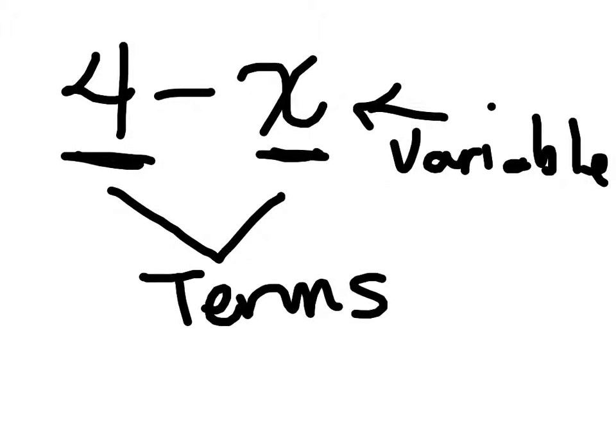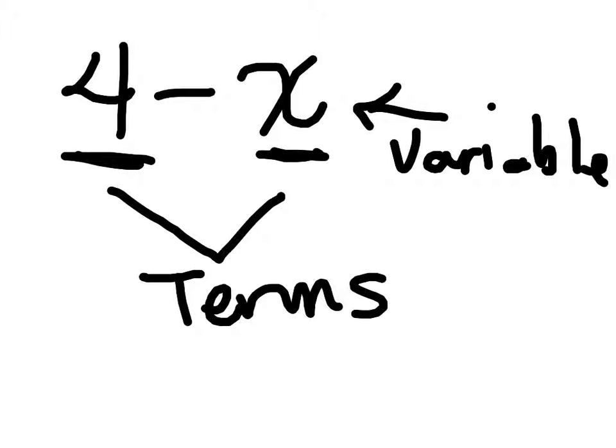They're terms of the expression, and this is called an expression and not an equation, because it's just a statement, it's just a sentence about math. It's saying 4 minus an unknown, but it's not saying equals something. We can't solve and find x yet until we know that it's equal.